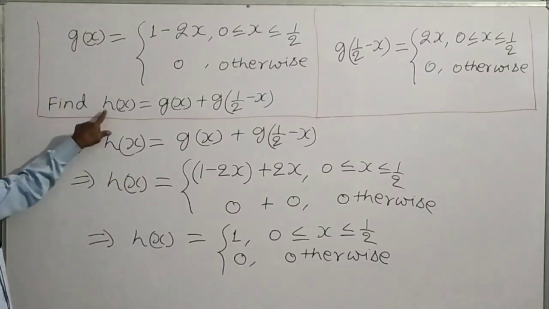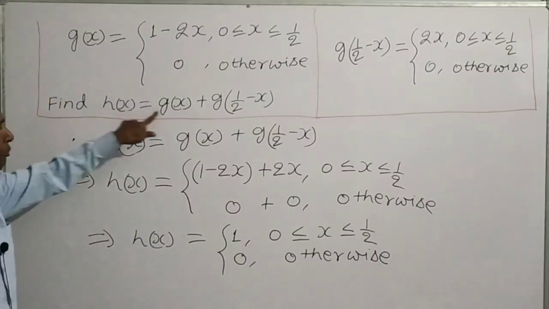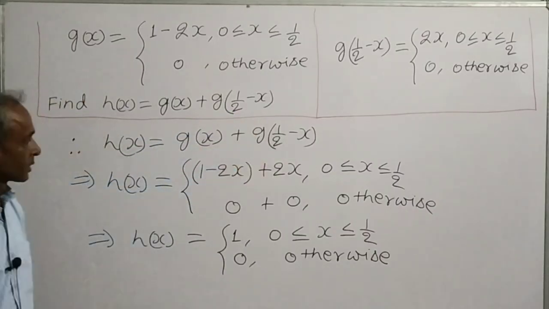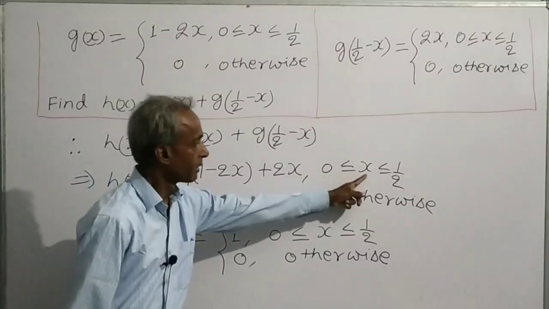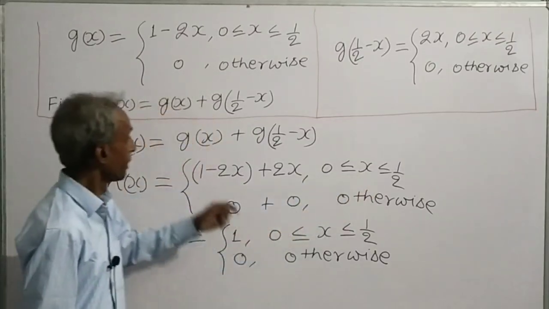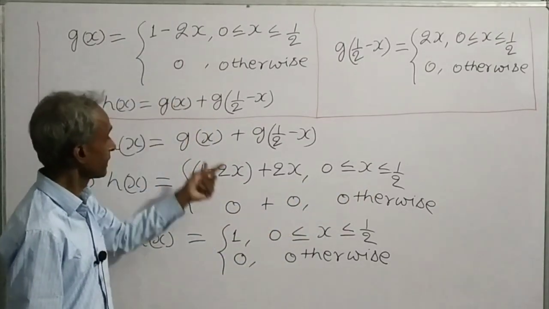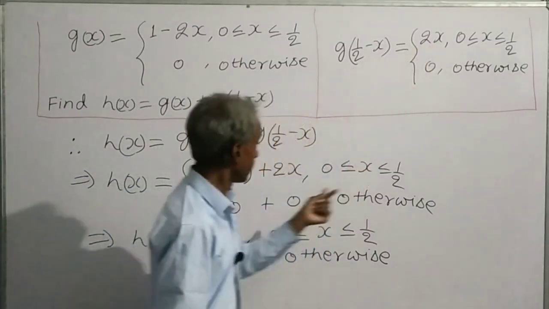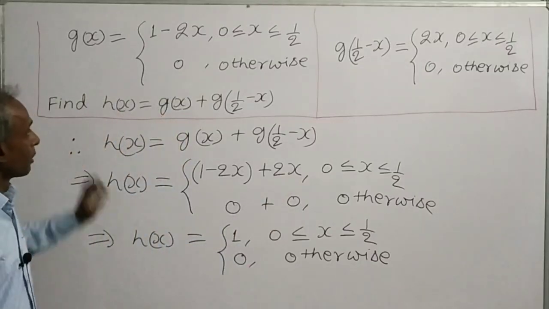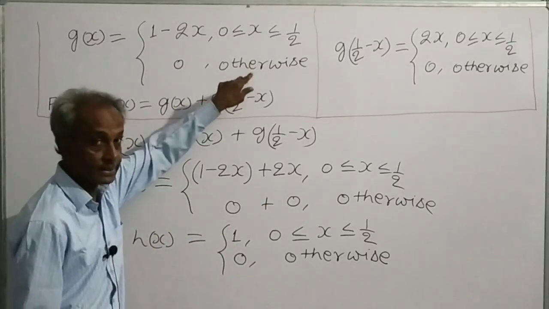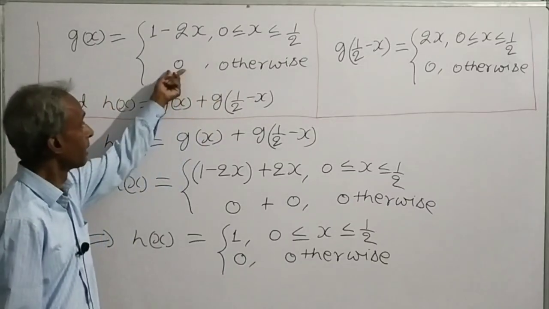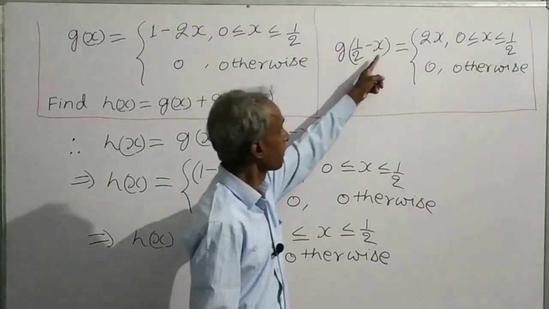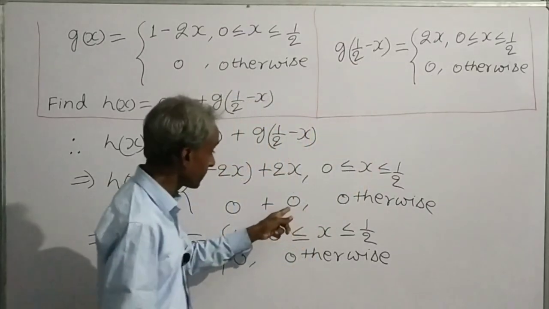Now we will find h(x), which is equal to g(x) plus g(1/2 minus x). When x lies in this interval, then g(x) is this and g(1/2 minus x) is this. When x is in otherwise interval, then g(x) is this and g(1/2 minus x) is this, 0.